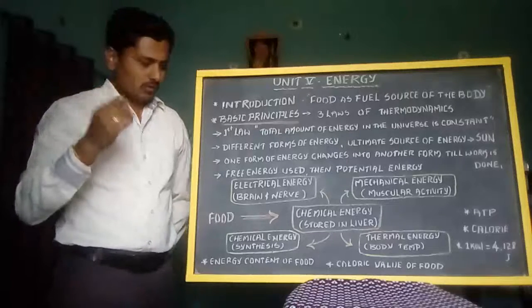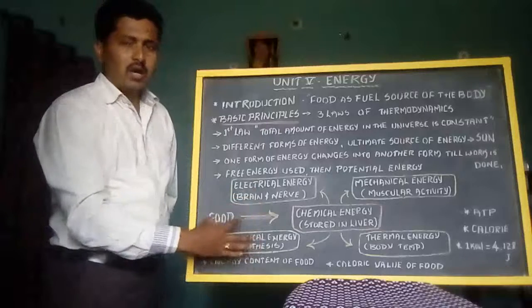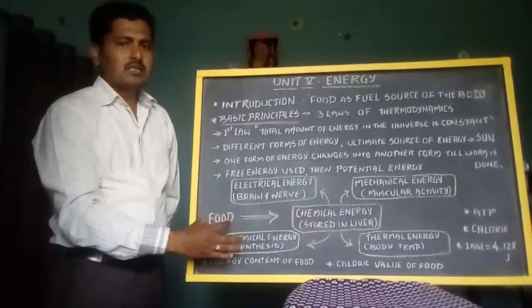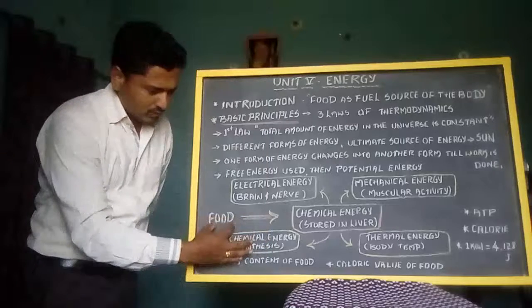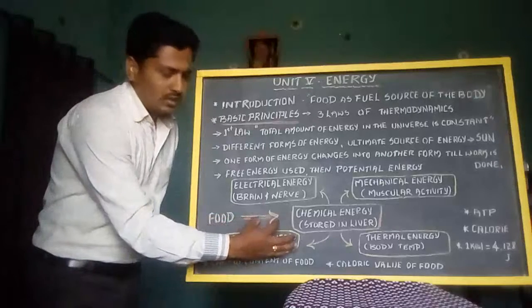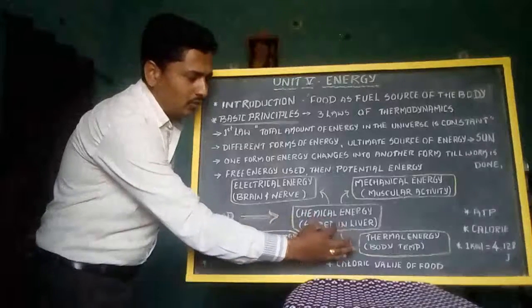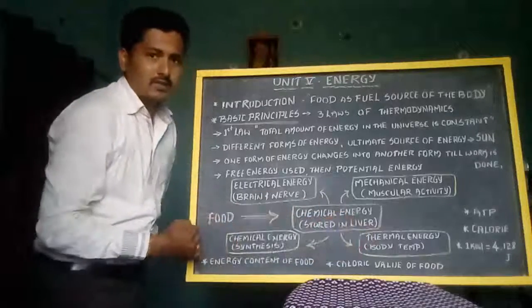Okay. This image shows how one form of energy is converted into another form. Whatever food we consume is absorbed by the GI tract and stored in the liver in the form of chemical energy.